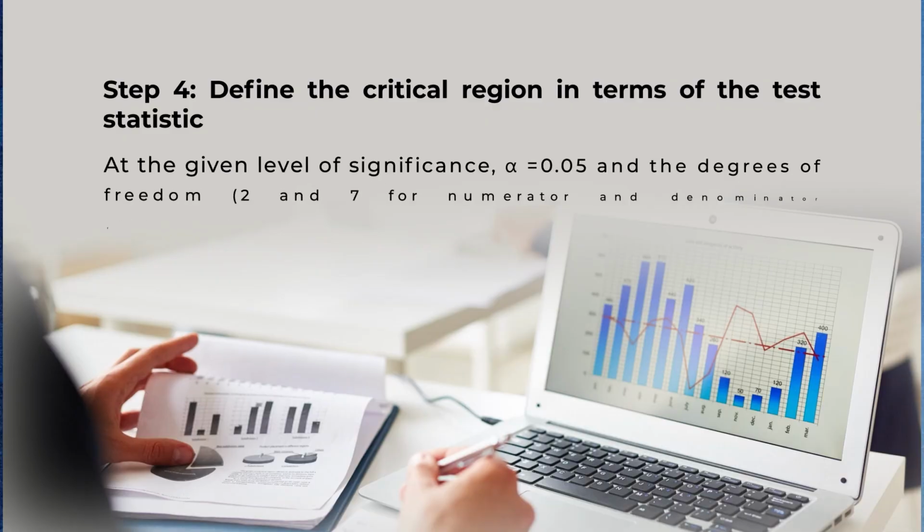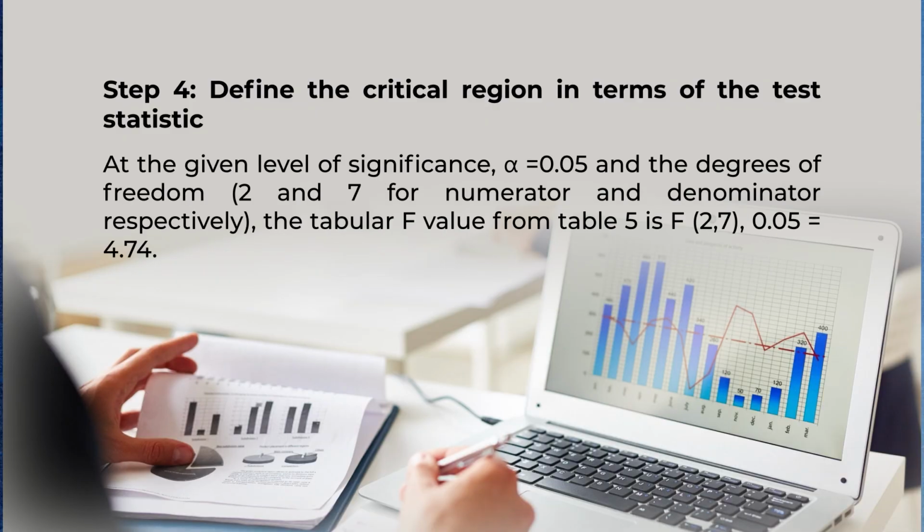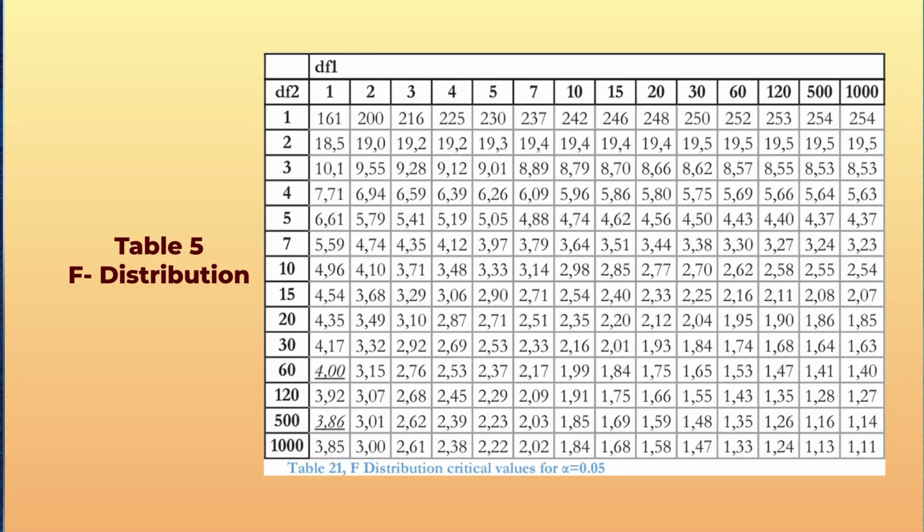If the computed value of the test statistic falls in the acceptance region, the null hypothesis is accepted, otherwise it is rejected. At the given level of significance, alpha is equal to 0.05 and the degrees of freedom 2 and 7, 2 for numerator and 7 for denominator, the tabular F value from table 5 is 4.74.